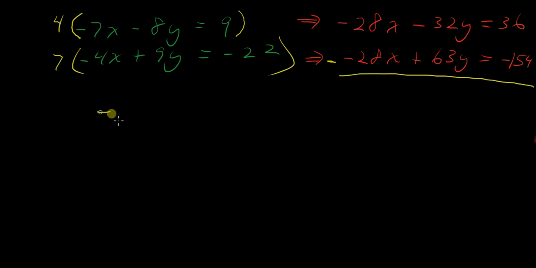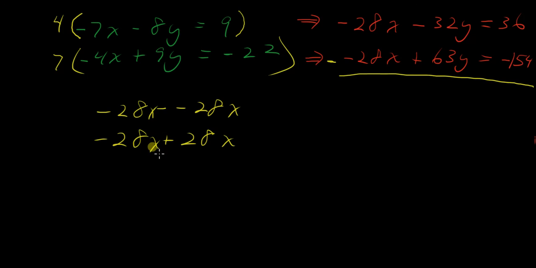So let's think about that. Negative 28x minus 28x is the same as this. And what's 28x minus 28x? Oh, it's 0. So negative 28x minus 28x is 0. I'm not going to write anything here because there's nothing here anymore.